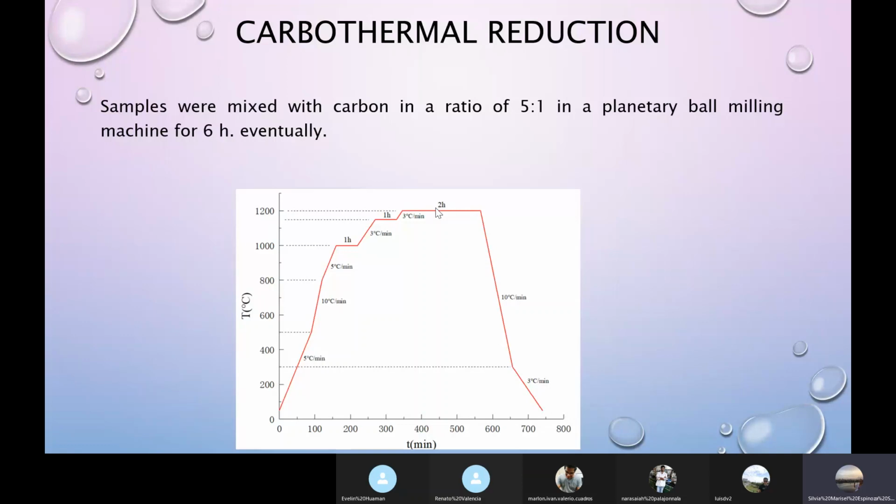Eventually, the sample was cooled down to 300 Celsius at minus 10 Celsius per minute. From 300 to room temperature, the rate was reduced to 3 Celsius per minute. This is very important because in this range the reduction occurs. The heating process is very important.